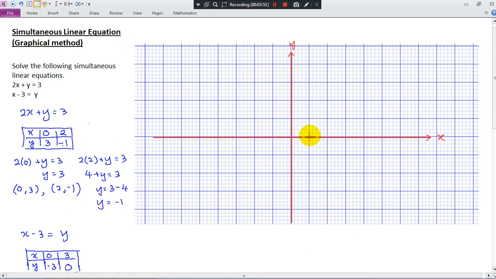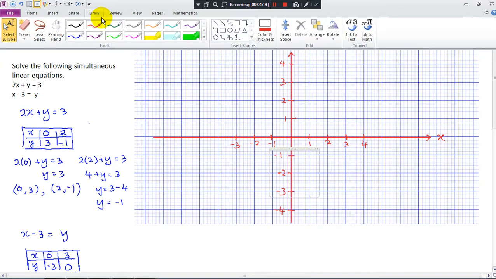Before that, I need to label it first. 1, 2, 3, 4. Same thing here, negative 1, negative 2, negative 3. After finishing labeling the x-axis and y-axis, we can start to draw the graph.